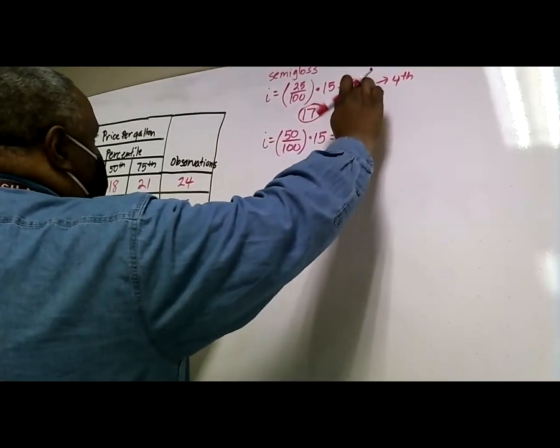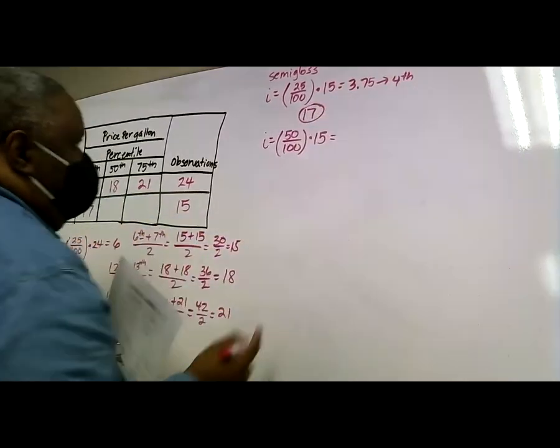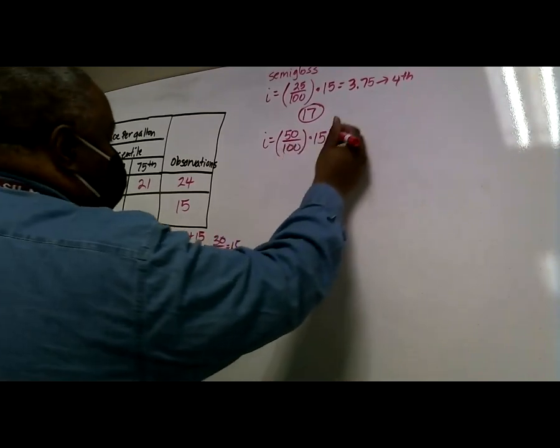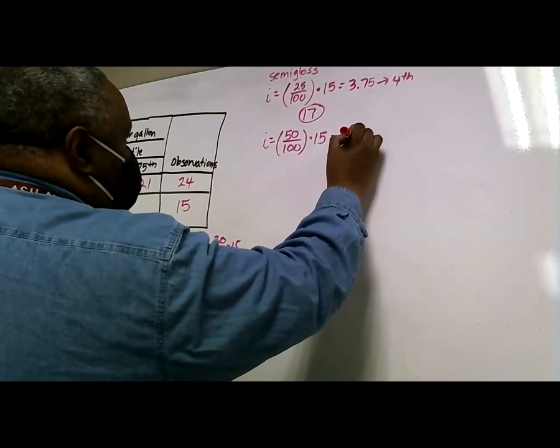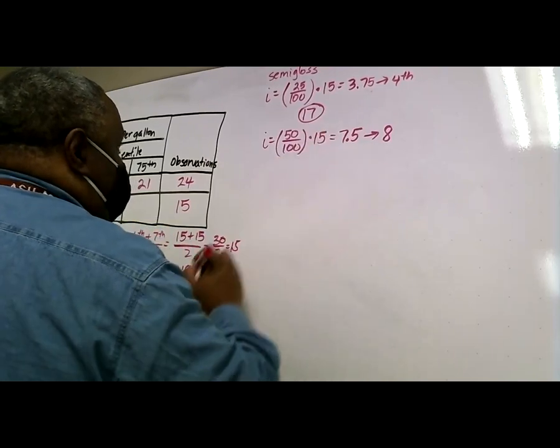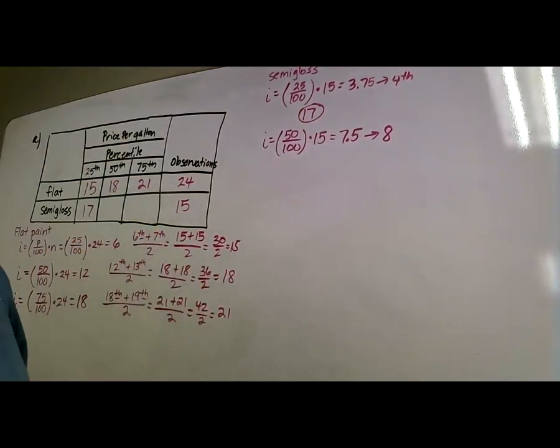All right, so what's 50 over 100 times 15? I know that's half, so half of 15, 7.5, rounds up to 8. We need to find the 8th data value that's in that set for semi-gloss paint. It'll be 23.